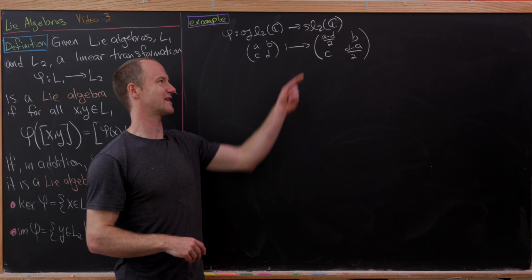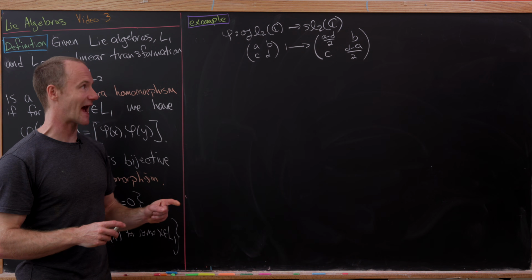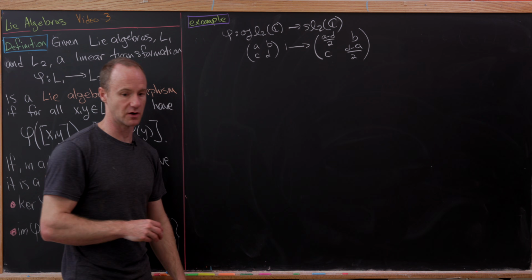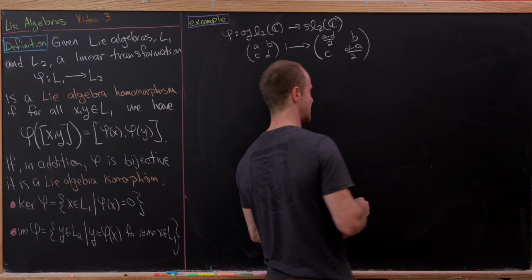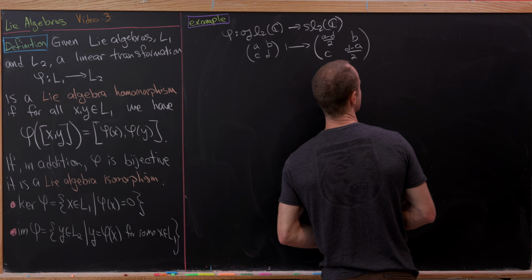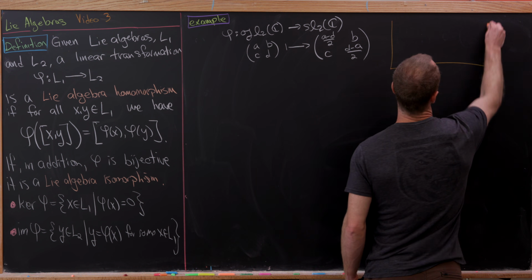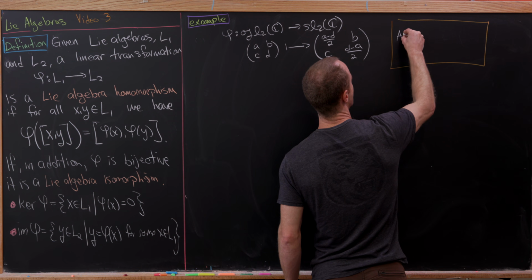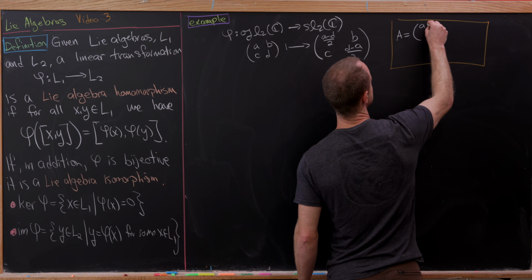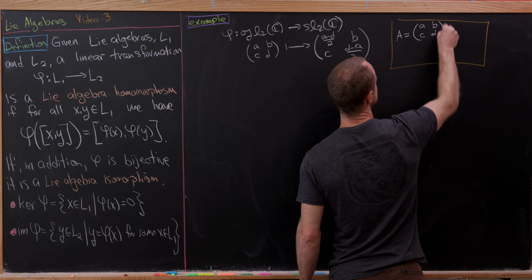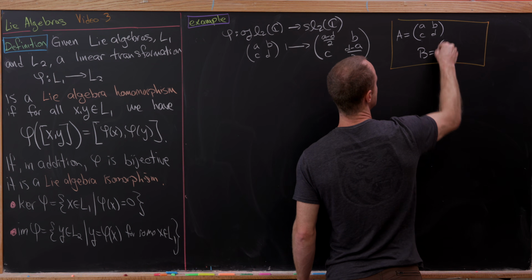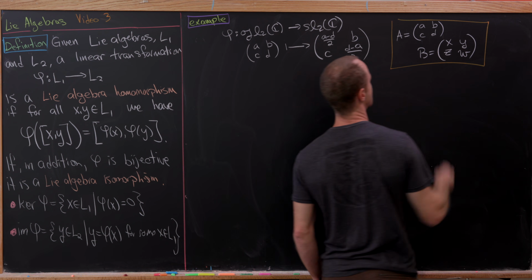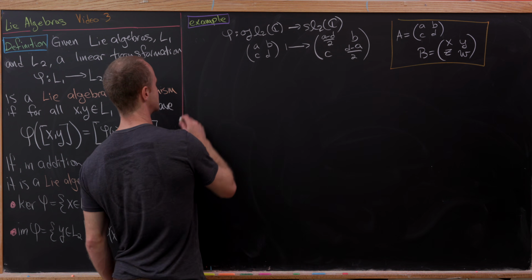Because we're doing this fairly strange action here in this map, we really need to check that it's a Lie algebra homomorphism. So let's introduce a tiny bit of notation here, just so that it eases everything up. Let's set capital A equal to the matrix A, B, C, D, and we'll set capital B equal to the matrix X, Y, Z, W. And now let's look at this.